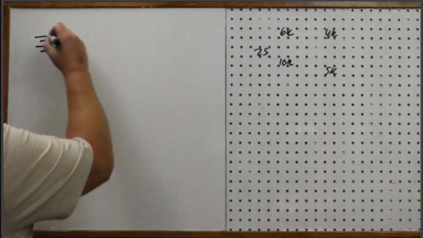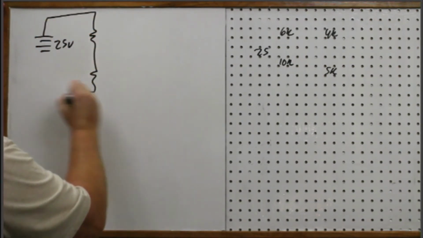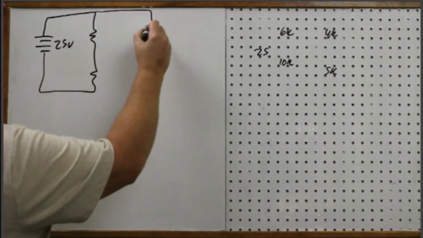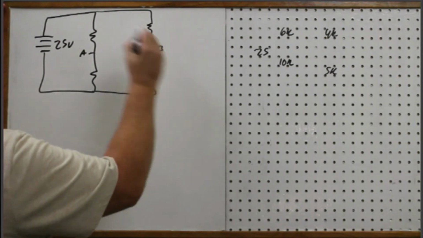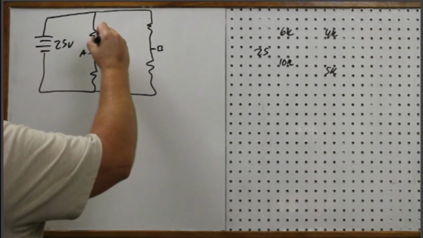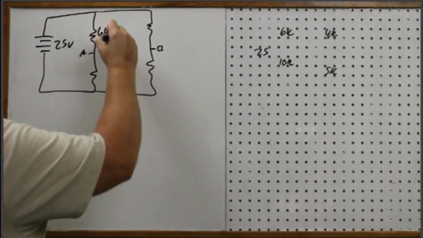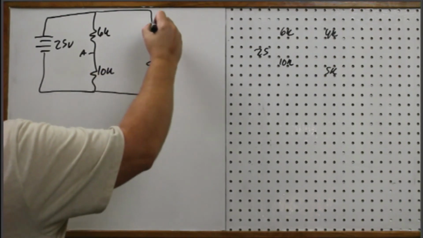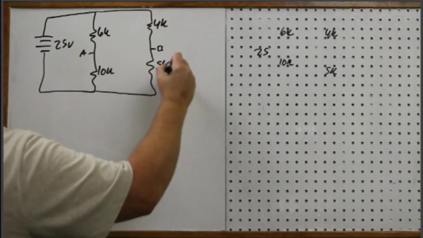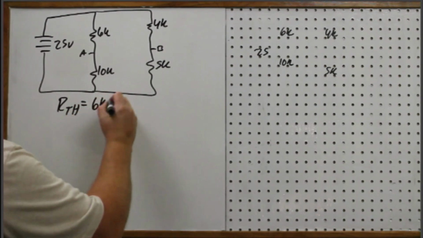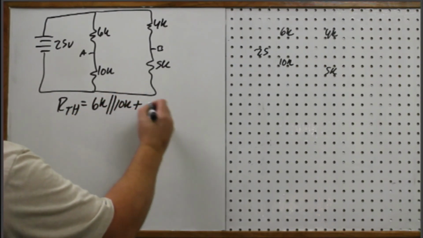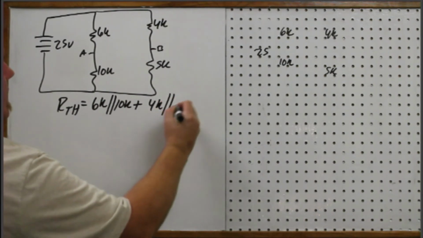So here's 25 volts. Okay. There's B, and here is my 6K, 10K, 4K, 5K. All right, so RTH is going to be 6K in parallel with 10K plus 4K in parallel with 5K.